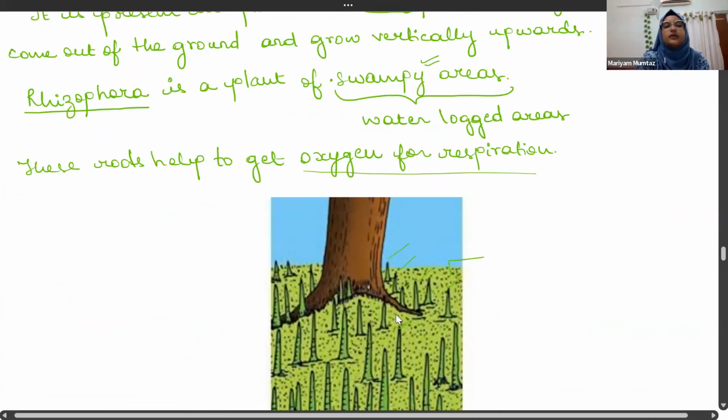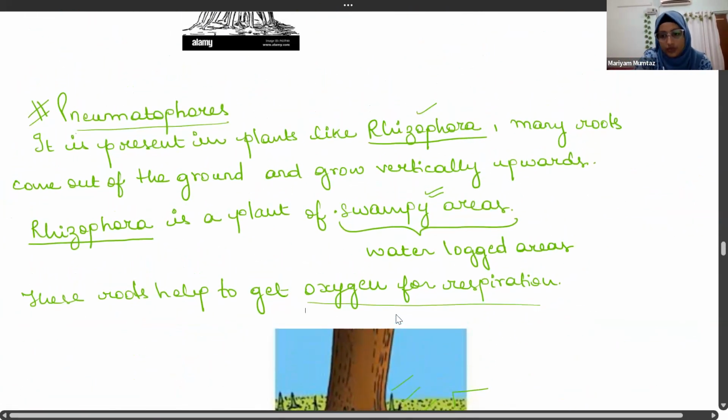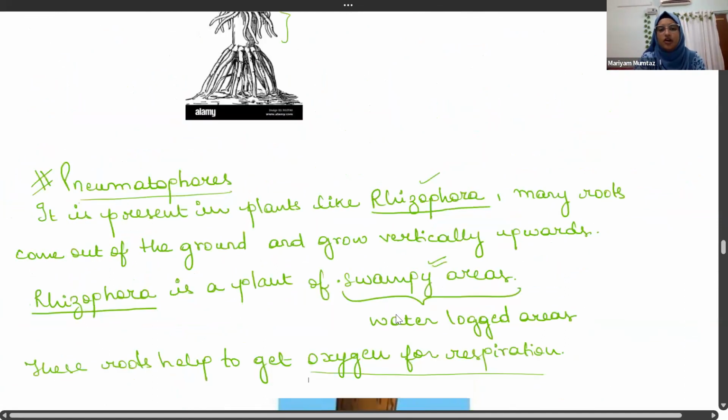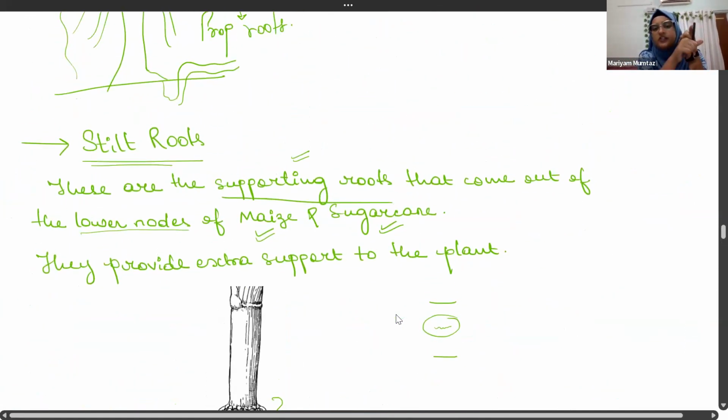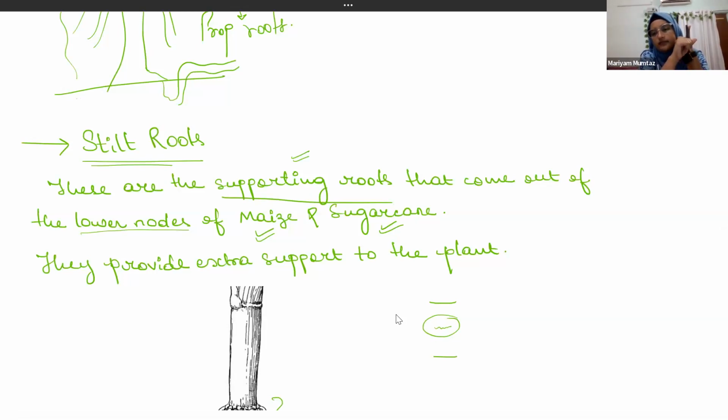So that is all about the modifications of the roots. We saw the modification of root for the storage of food. In which plant did you see that? Maize and sugarcane. I am saying we saw that the roots were modified for the storage of food.